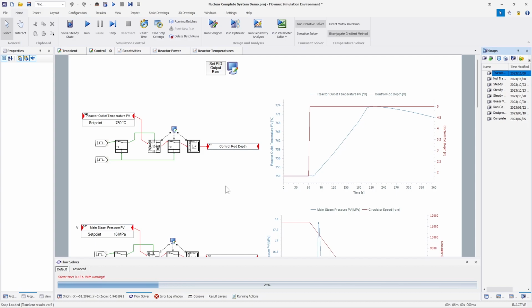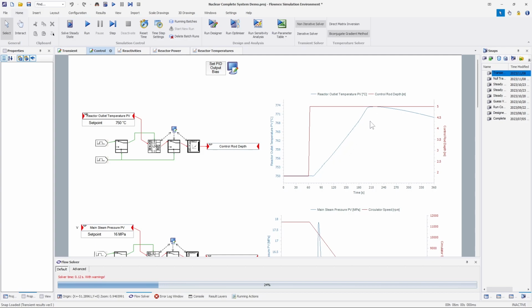From the reactor outlet temperature and control rod depth graph, we can see that after 60 seconds, the rods were fully inserted in the reactor. During 60 and 70 seconds, there is a small decrease in reactor outlet temperature due to a decrease in reactor power. After 70 seconds, we can see an increase in outlet temperature until a maximum is reached at 210 seconds.